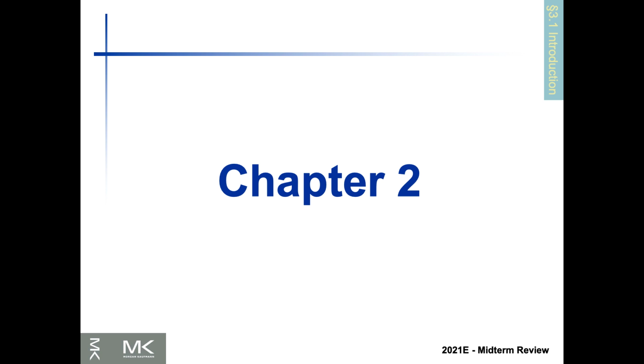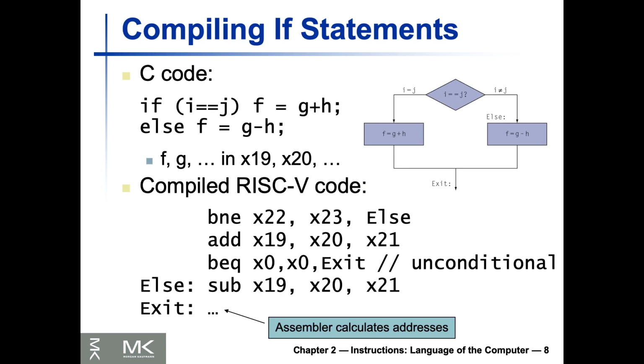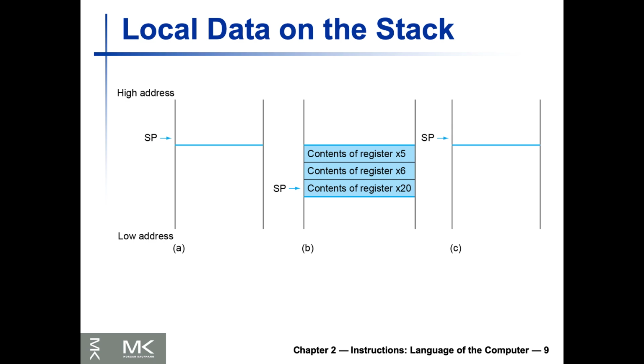All right, let's go to chapter 2. For chapter 2, we've been talking about different ISAs, different instructions, and how we're going to write down small segments of code in assembly depending on the type of code we were asked. If it was a conditional statement, if it was using a stack, if it was using a leaf procedure or not.